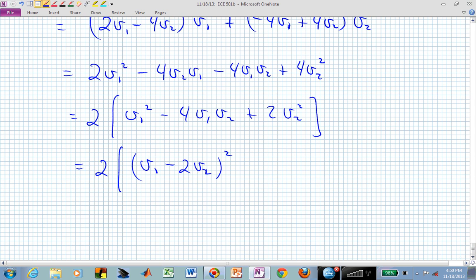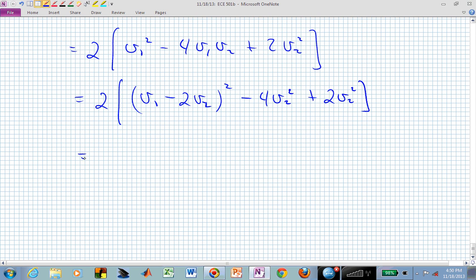And now I have a plus 4 v sub 2 squared that I introduced. I now need to subtract that. And if I bring down the other v sub 2 that I started with, which was 2 v sub 2 squared, I now have a result that says 2 times (v1 minus 2 v sub 2) squared minus 2 v sub 2 squared.